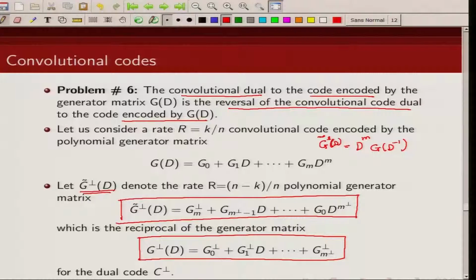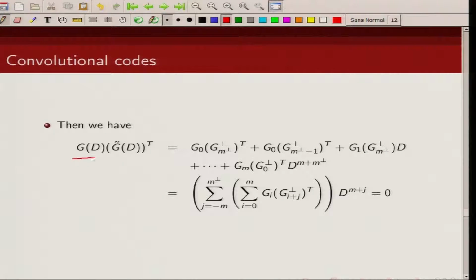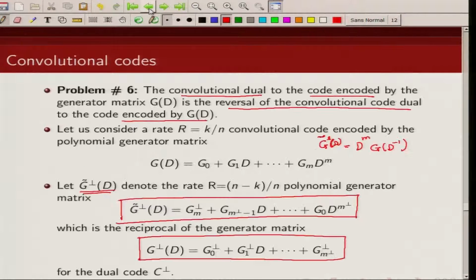So, if that is the case, then the dot product of G(D) with this should be 0. So, let us try to find G(D) and the transpose of this reversal of the dual matrix. See, again pay attention to the question. Basically what we are saying is that the dual of the code encoded by the generator matrix is given by the reversal of the convolutional code dual.